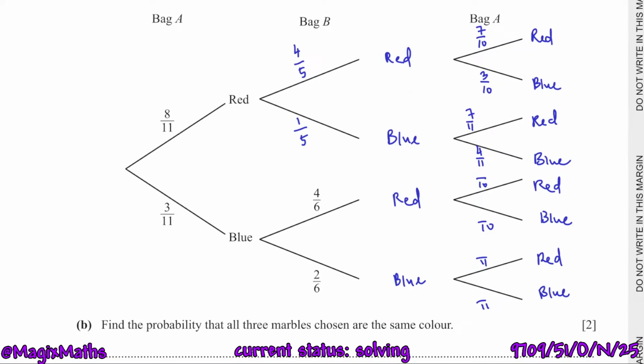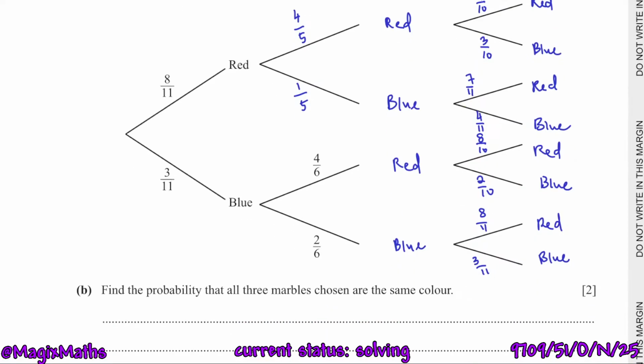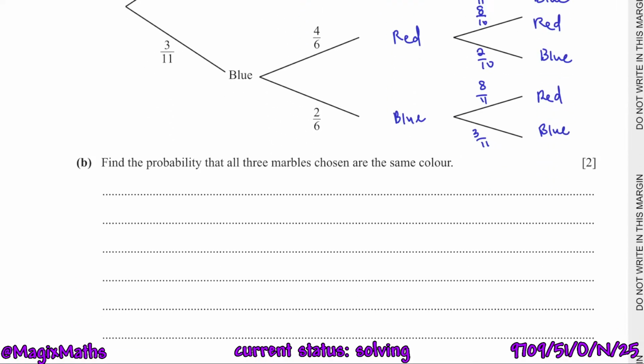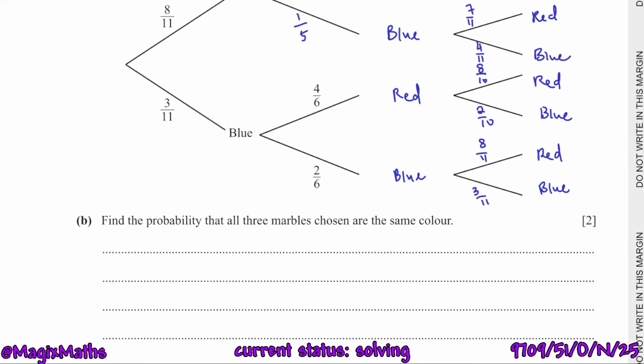And then here it's blue, so it's 2. This is 8. And then this here goes back to 3. This is 7. No, this is 8. Okay, that looks right.